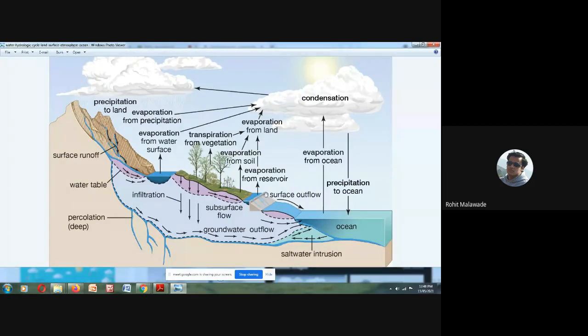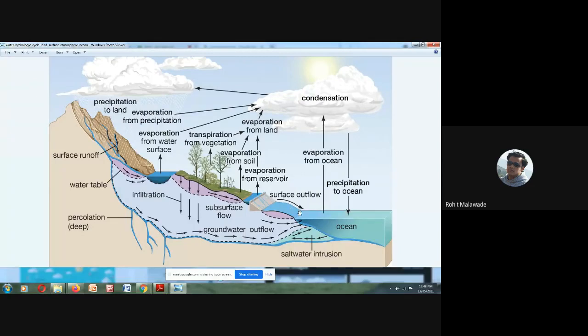And from the vegetables and plants, the water is going to get evaporated. We call this transpiration. From water bodies we call it evaporation. From the vegetation, whatever water content evaporates, we call it evapotranspiration.